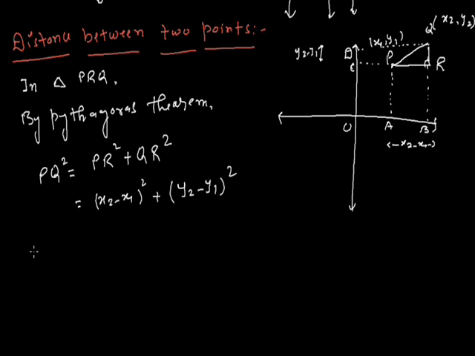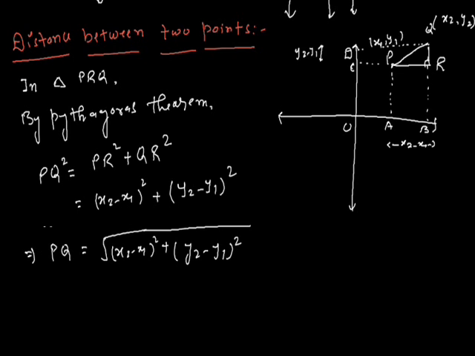So the distance between the points P and Q is given by the formula square root of (x2 minus x1) square plus (y2 minus y1) square. This is also known as the distance formula.